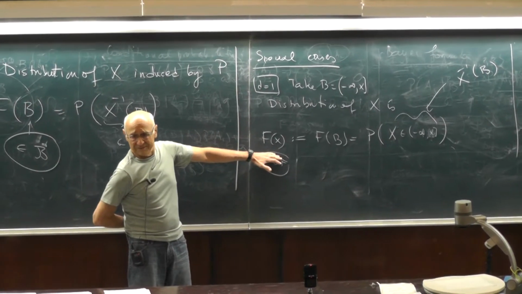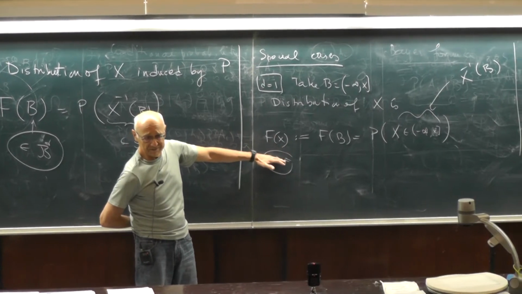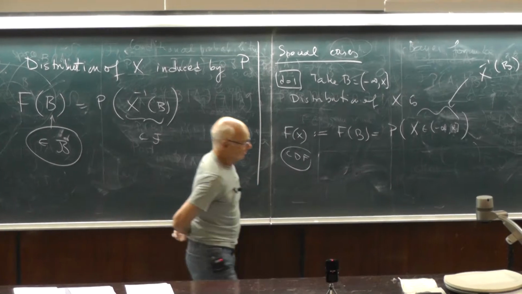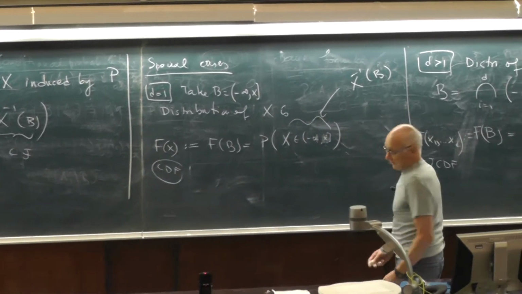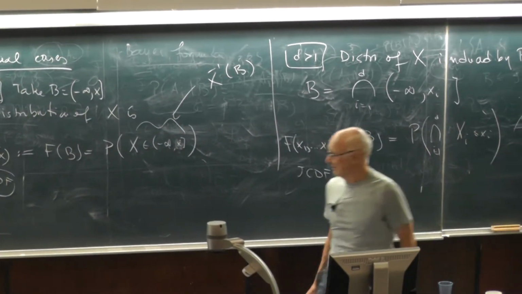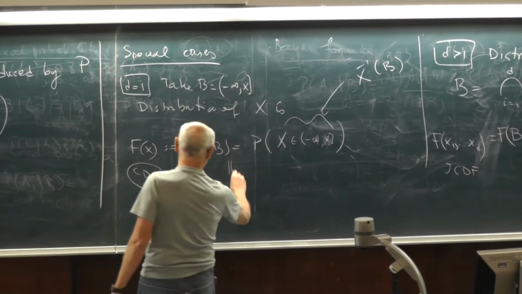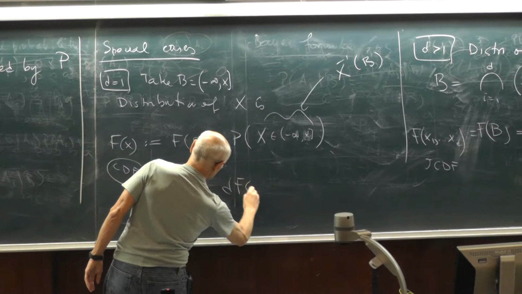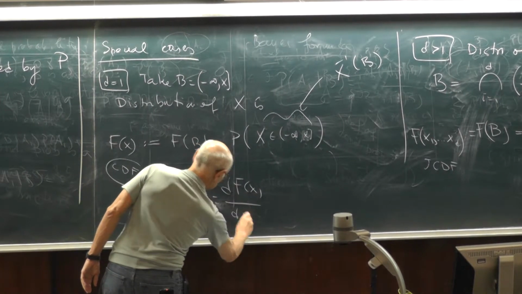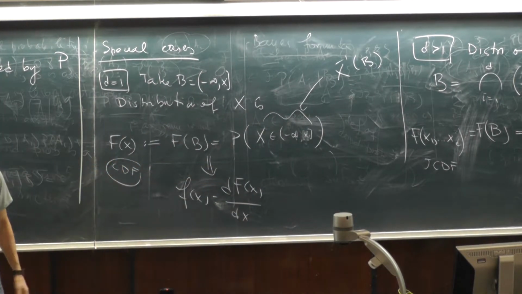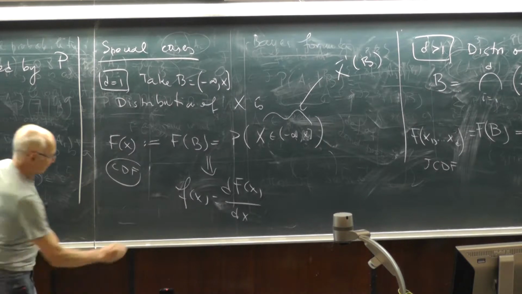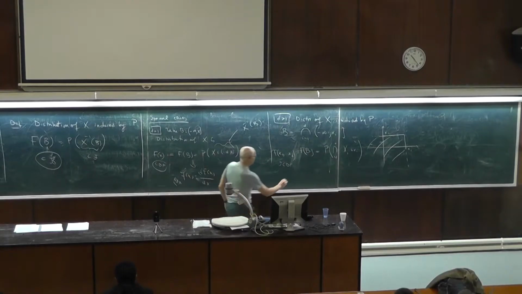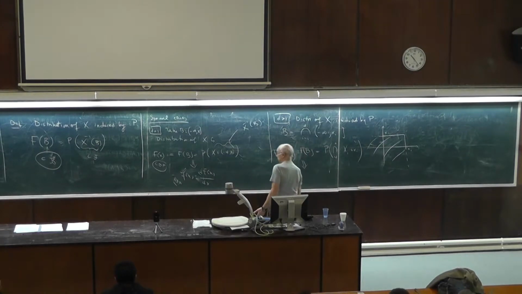The derivative of this quantity, provided it exists, is called the density. And the derivative of the joint CDF is called the joint density. That is, from here is a PDF, and from here is a joint PDF.